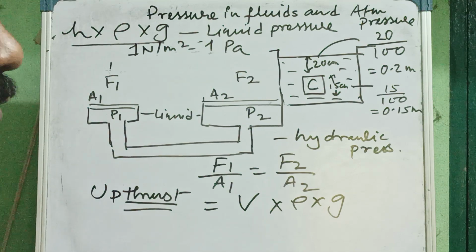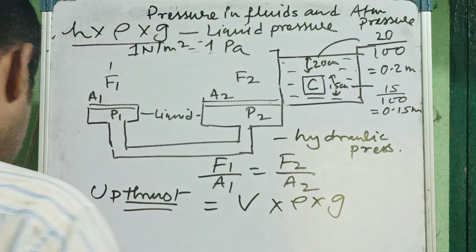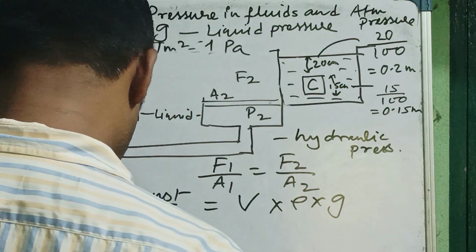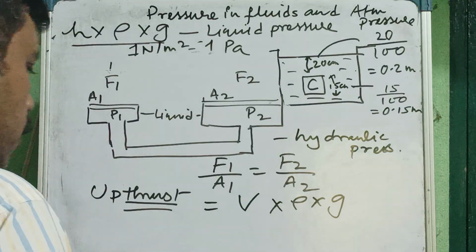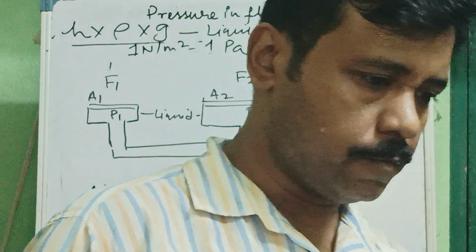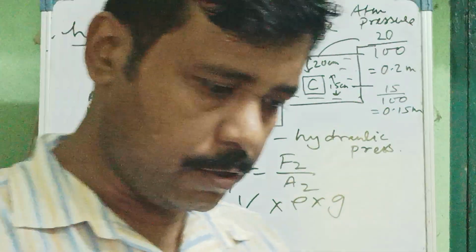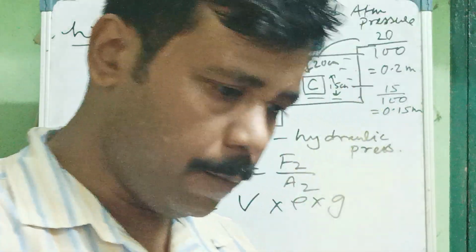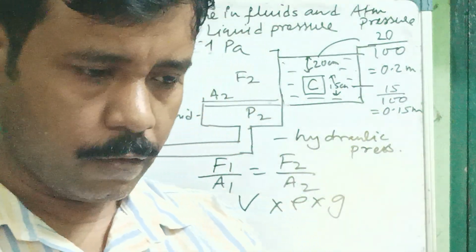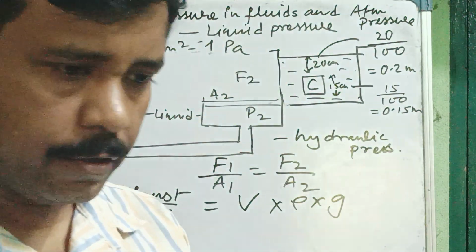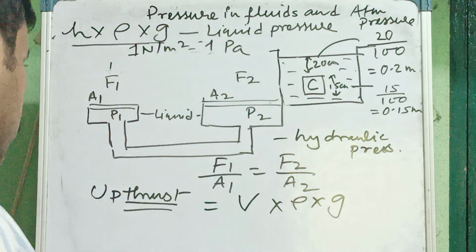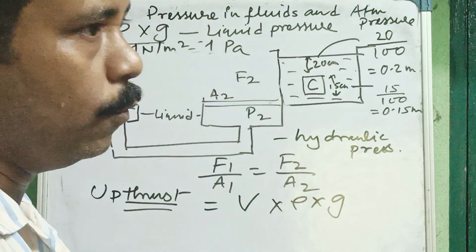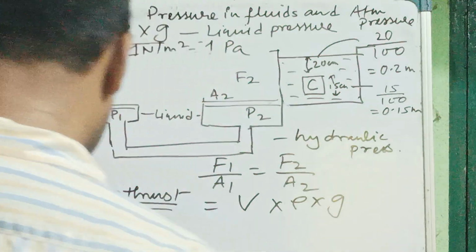The formula of the liquid pressure is h into rho into g. Here is V. And you know that if an object is immersed in a liquid, the same amount of the liquid goes upwardly and is displaced. So the water displaced by a body is equal to its weight or volume.